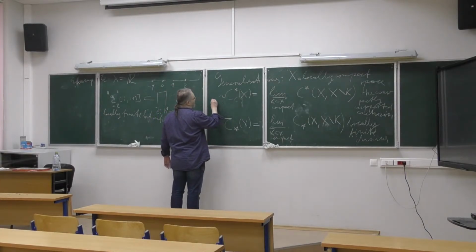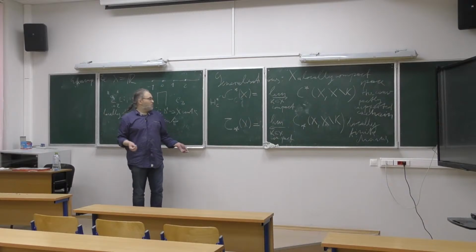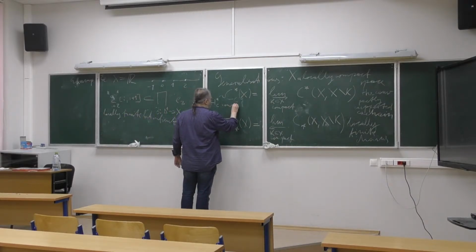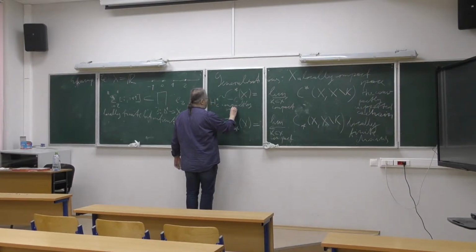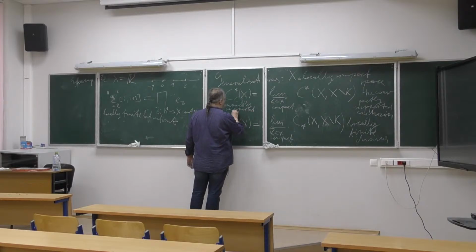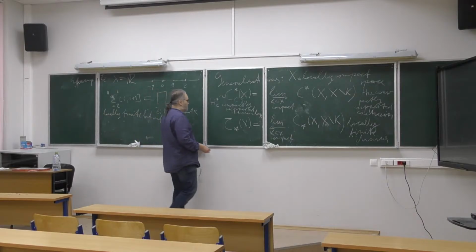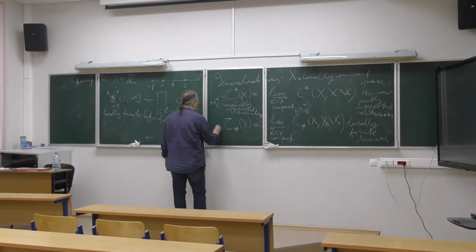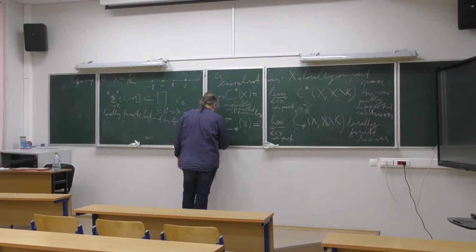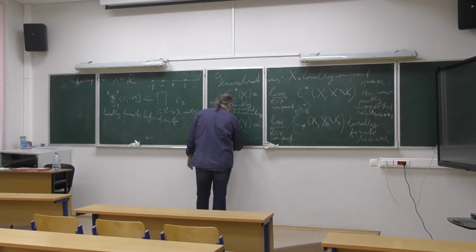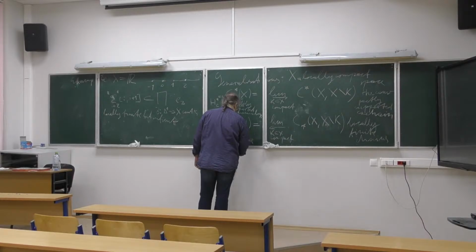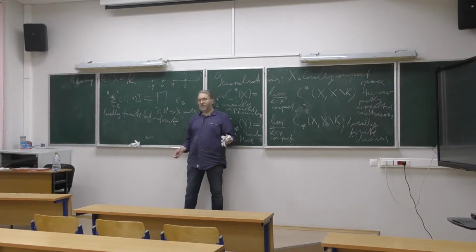Okay, so this gives me cohomology groups, which are called compactly supported cohomology, and this gives me homology groups which are called the Borel-Moore homology.